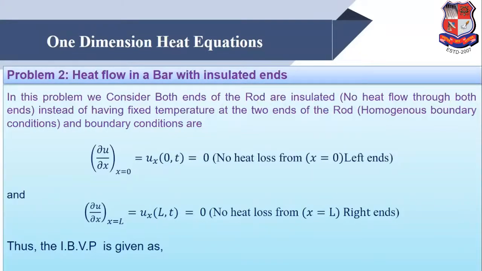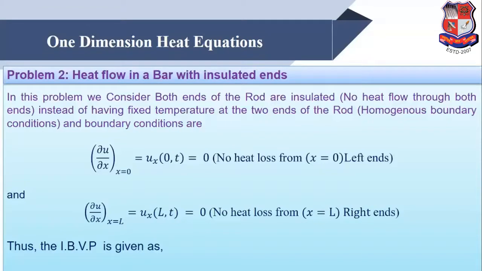So problem 1 is based on heat conduction in a bar whose both ends are having a fixed temperature. That means homogeneous boundary. Now problem 2 is based on the heat flow in a bar with insulated ends.